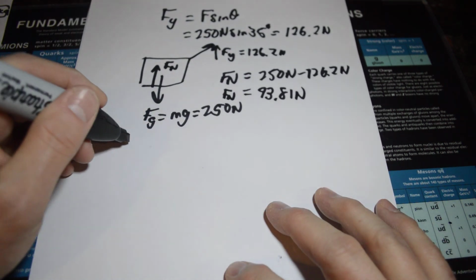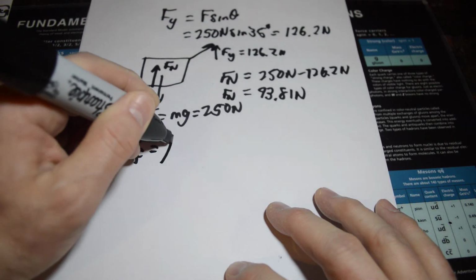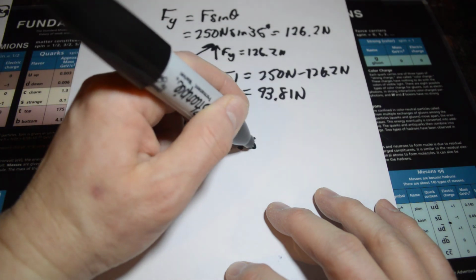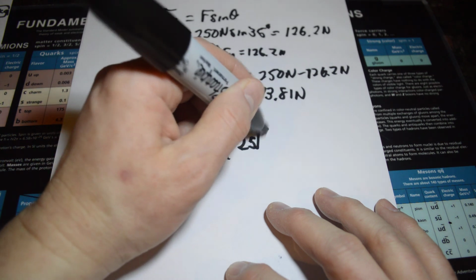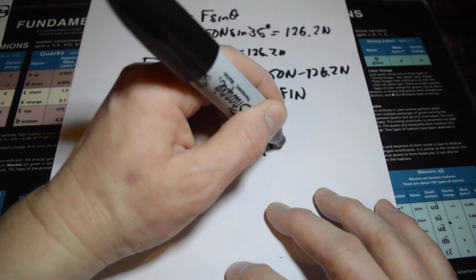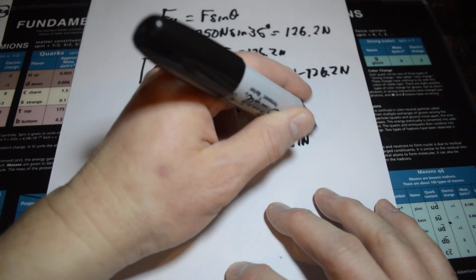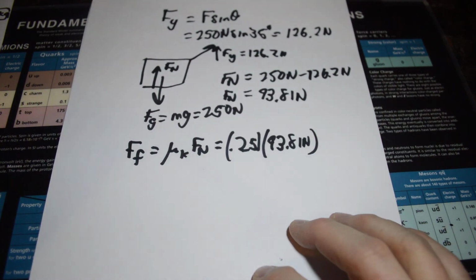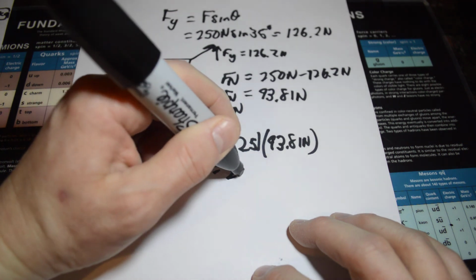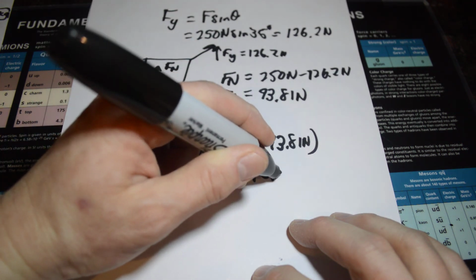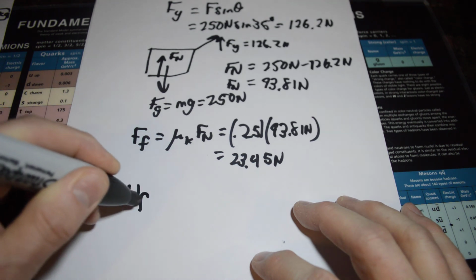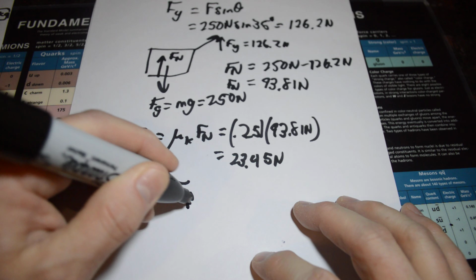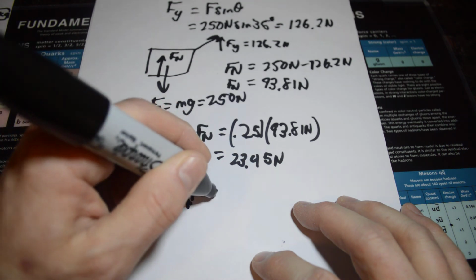So the frictional force is equal to the coefficient times the normal force. So I'm going to put 0.25, which is a dimensionless quantity, the coefficient, times 93.8, and that will tell you how much friction. And that turns out to be 23.45 newtons. Now the work done by friction is just that frictional force times the displacement.